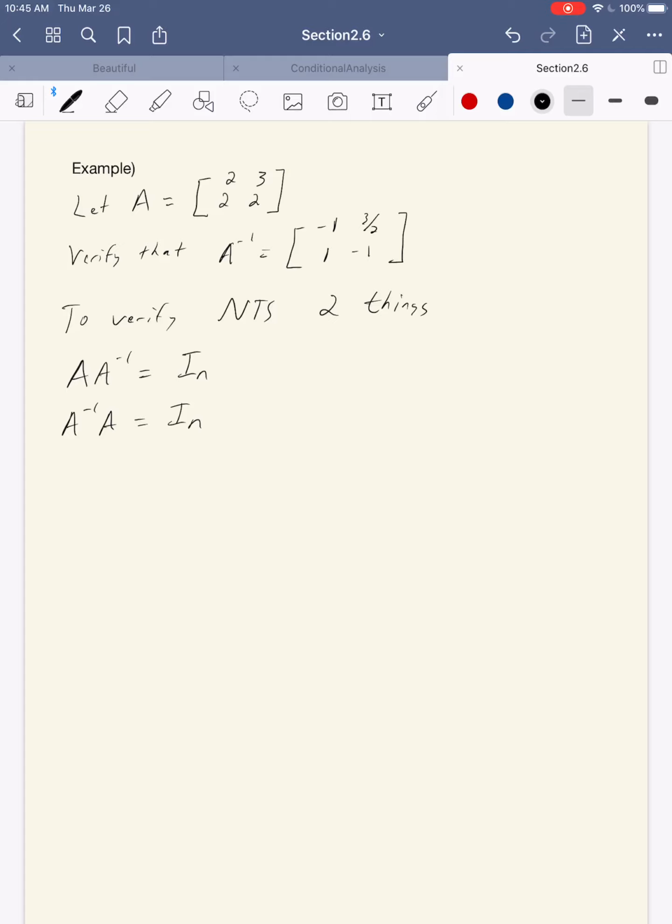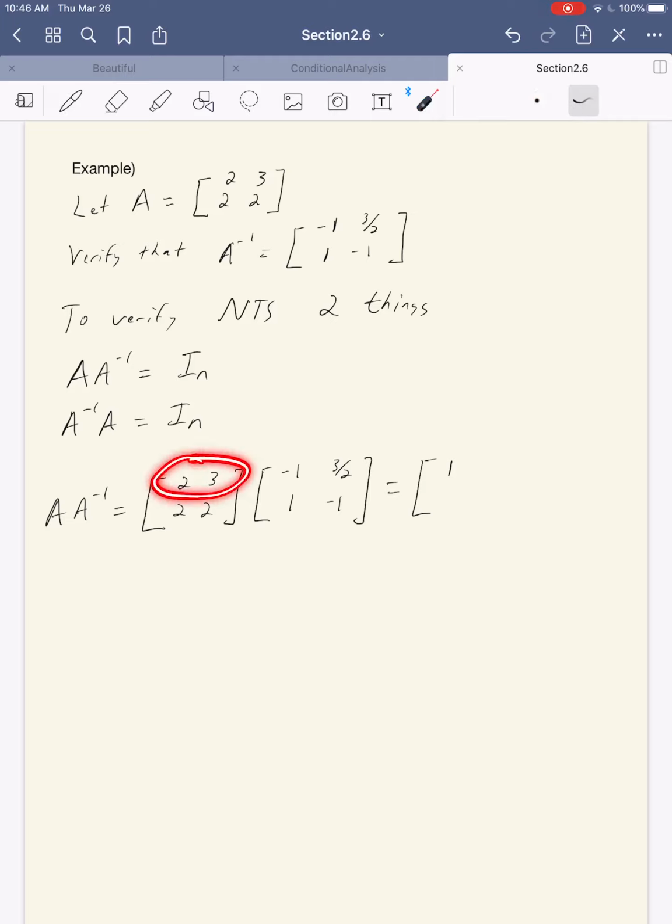So for A times A inverse, if that is supposedly what it is, let's go ahead and see [2, 3; 2, 2] times [-1, 3/2; 1, -1]. So let's use our matrix multiplication. That's going to be row times column. If we do that, it looks like we should get -2 and 3, which gives us a 1.